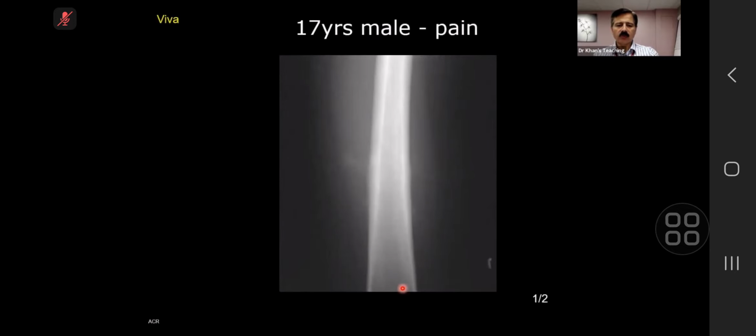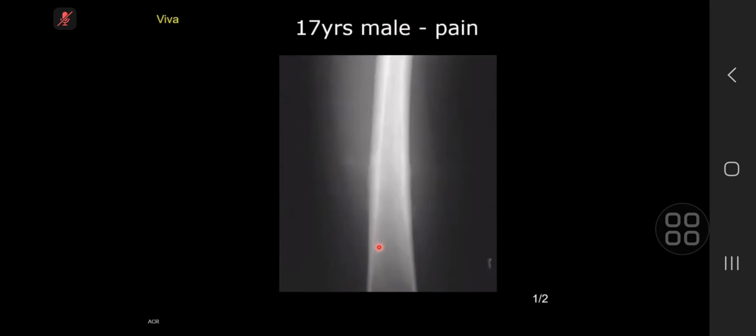Osteosarcomas can also be diaphyseal, and this is a subtle case where along this there is a bit of periosteal reaction. Now look carefully and you will agree that there is some osseous matrix within the soft tissue. So this is a diaphyseal osteosarcoma.